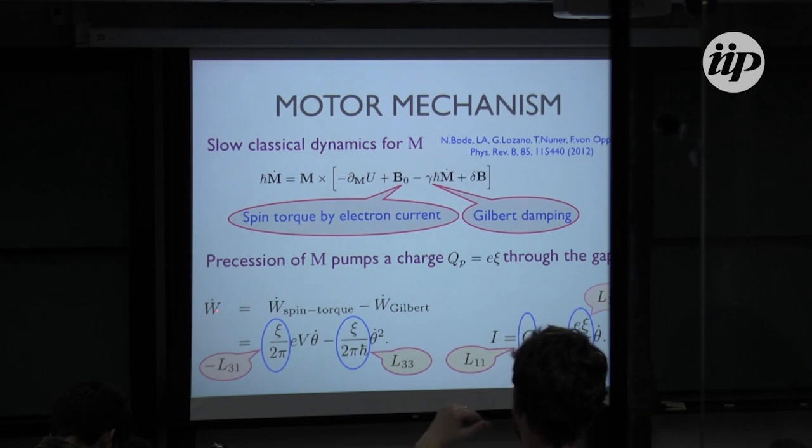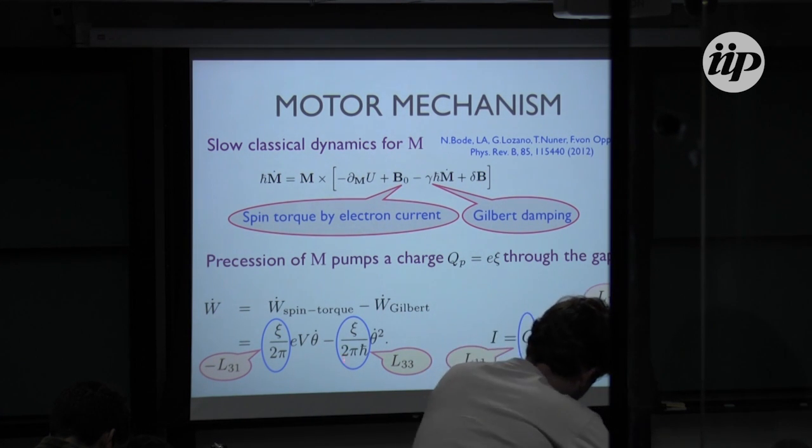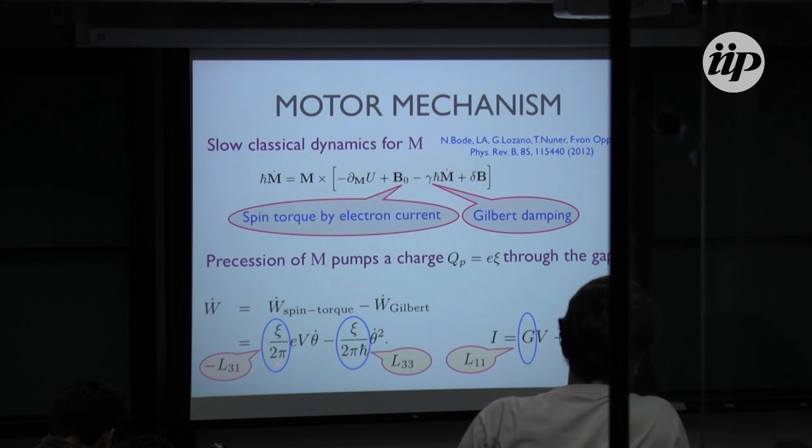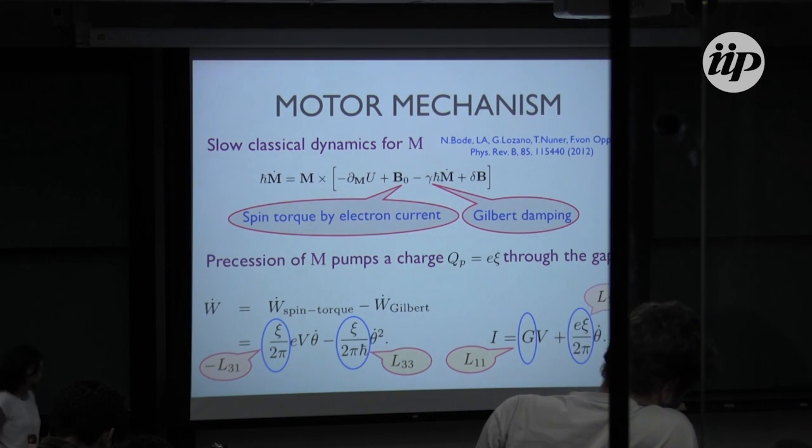And we can also calculate the net power developed by this rotation of the magnetic moment. We can apply the previous formalism and identify all the transport coefficients.